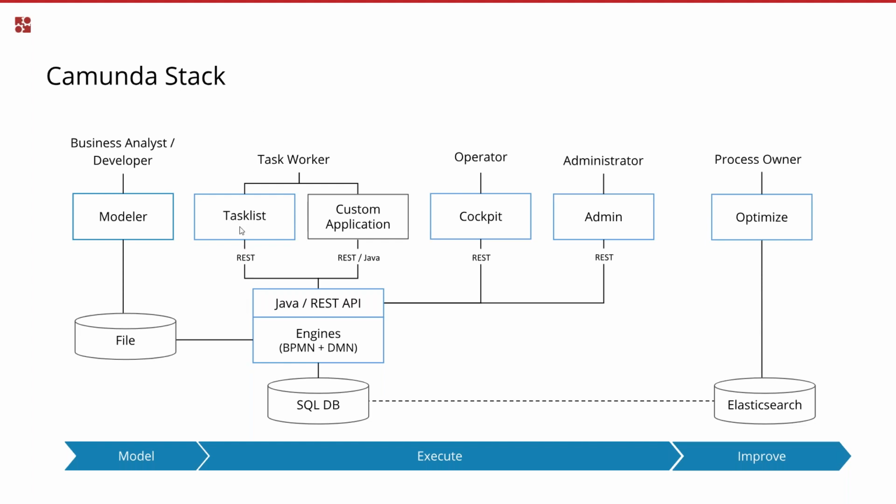For user task management, we have a very sophisticated product for operating processes in production called Cockpit. We allow administrators to take care of users and permissions, and there is the aforementioned Optimize, which pulls the relational database data into Elasticsearch as a big data repository, which then allows for sophisticated queries, reports, and dashboards.